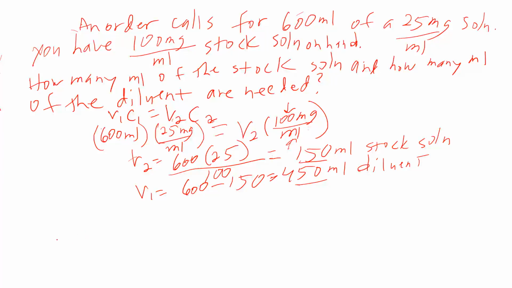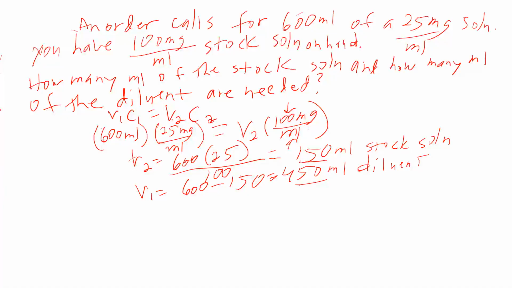And now if we want to do the alligation to see how that matches up with the top equation, first we have to convert the concentration, the 25 milligrams per mil and the 100 milligrams per mil.